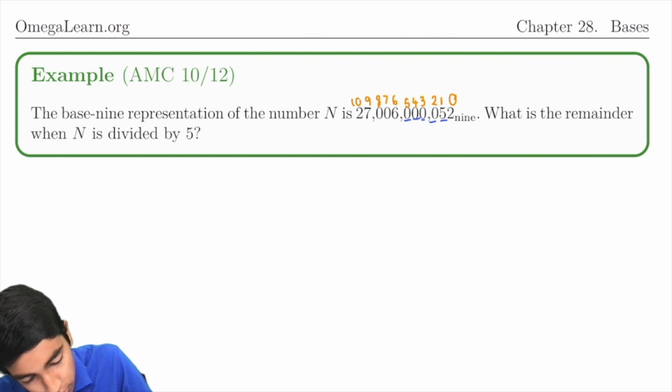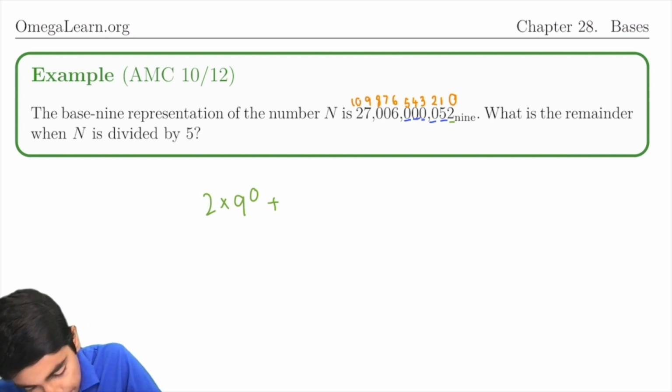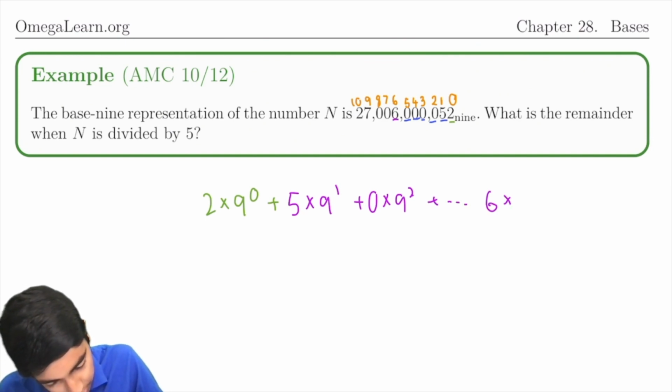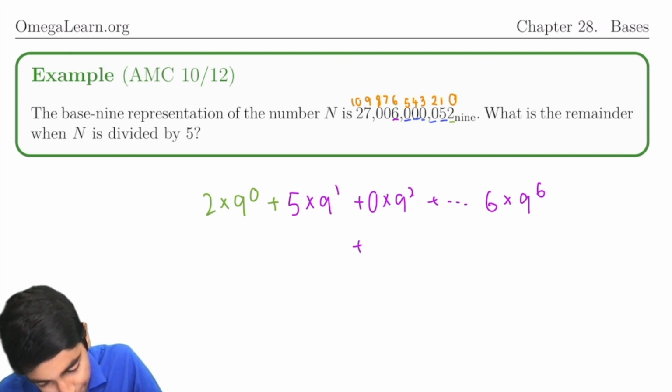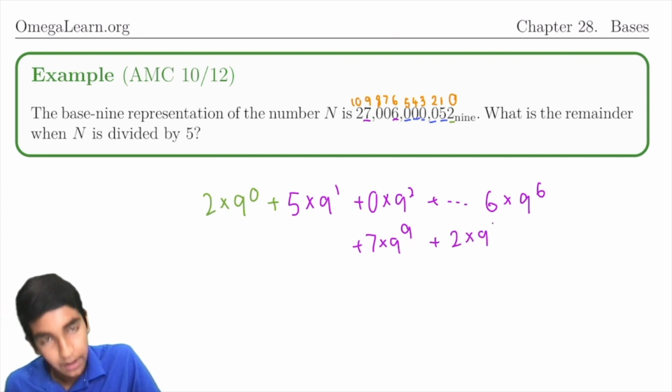So let's write what this will be equal to in base 9. It is 2 times 9 to the 0 plus 5 times 9 to the 1 plus 0 times 9 squared plus 0 times a bunch of things, all the way until 6 times 9 to the 6 plus 7 times 9 to the 9, plus 2 times 9 to the power of 10.